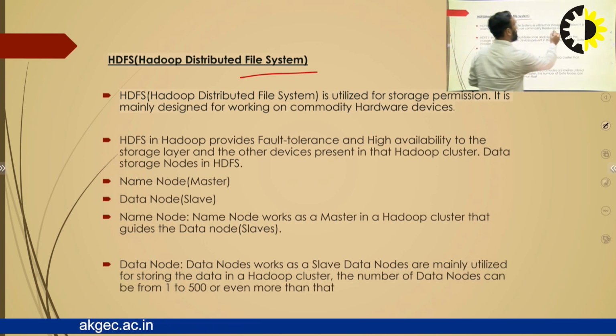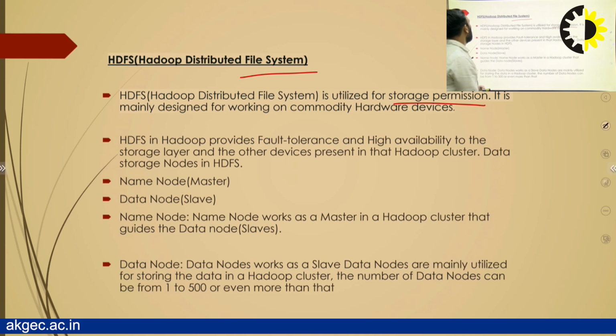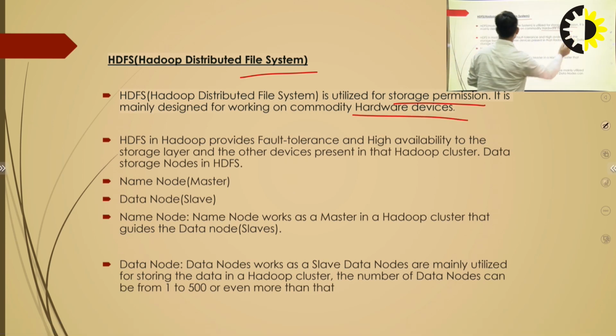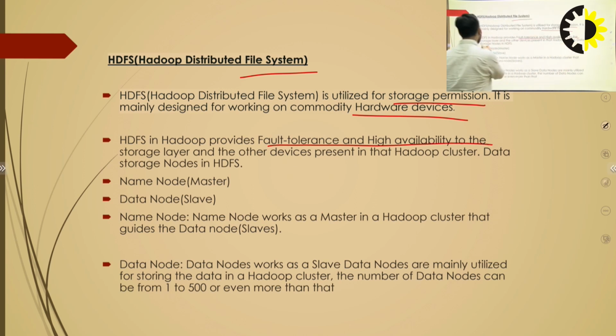As I said, it is mainly designed for working on commodity hardware devices. HDFS in Hadoop provides fault tolerance and high availability to the storage layer. By using this mechanism, the storage of data is highly available and the possibility of fault is minimized.